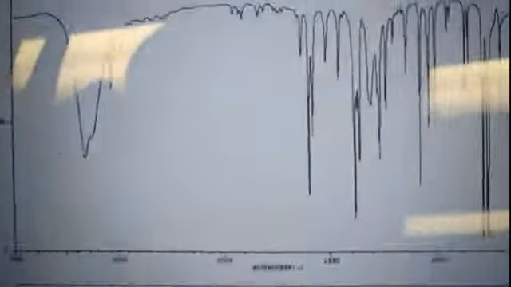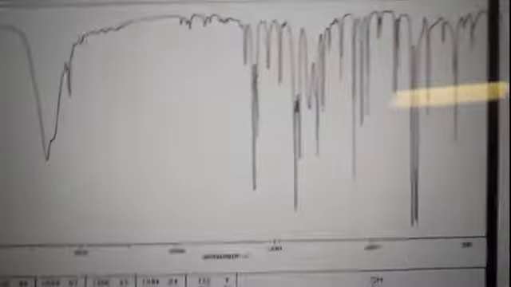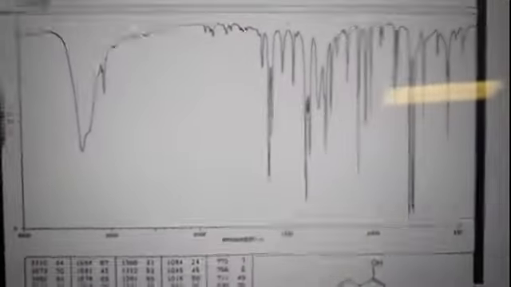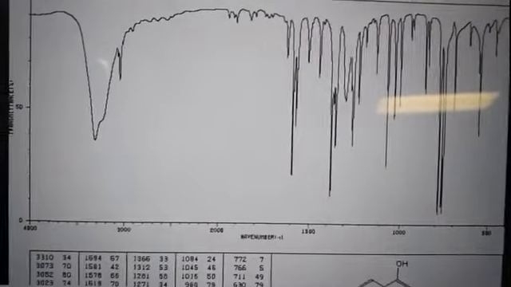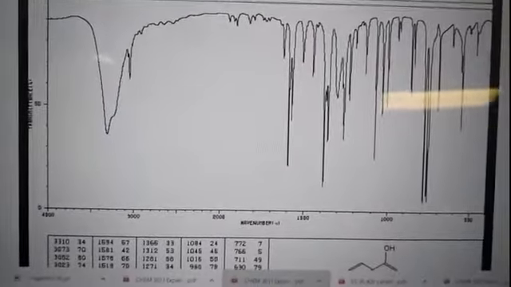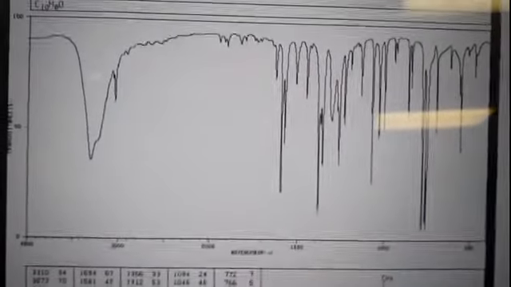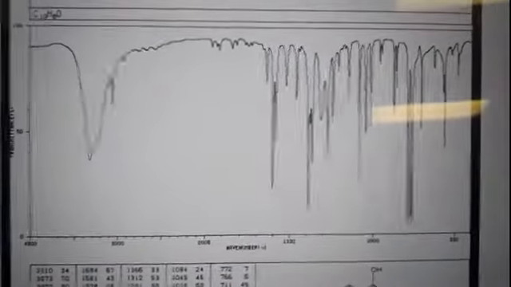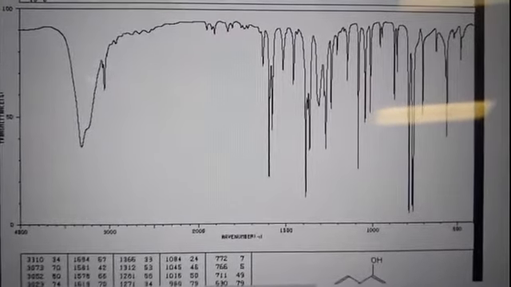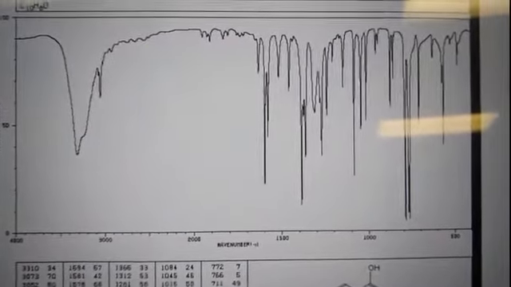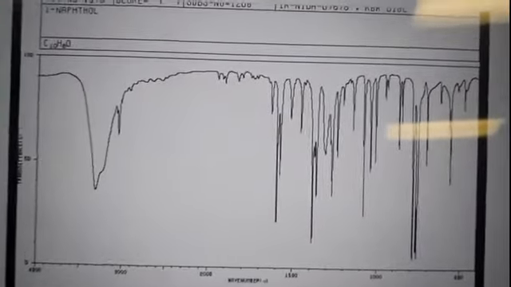Okay, after doing the solubility test, you would be taking an IR of the sample and picking out anything that either told you about functional groups that you didn't know, or confirming functional groups that you already suspected, like here, where we already had this narrowed down to a phenol.